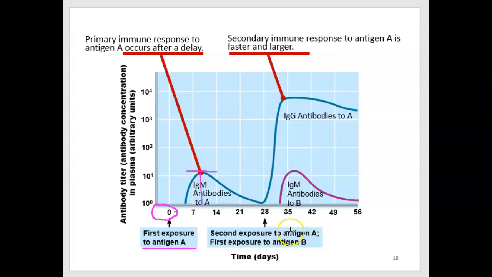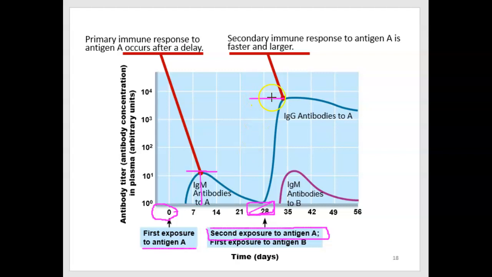But then note there's a second exposure to antigen A at day 28. And now look at the quantity of antibody produced. It's like 3.5-fold times. So like 3,000 times the amount. Even if my math is wrong, which is completely likely, the amount of antibody increases drastically.